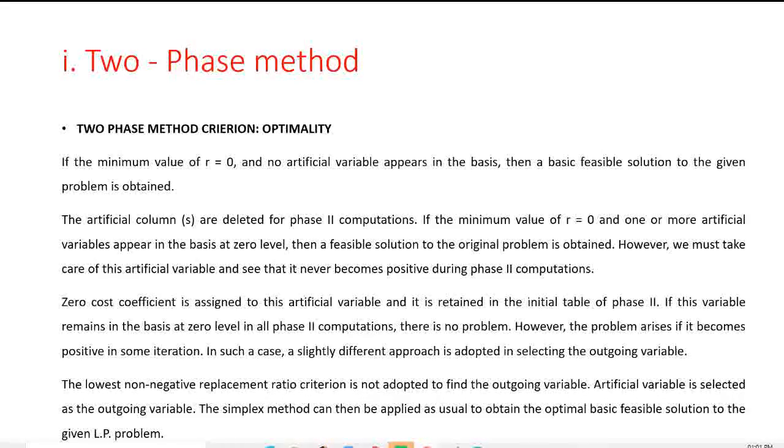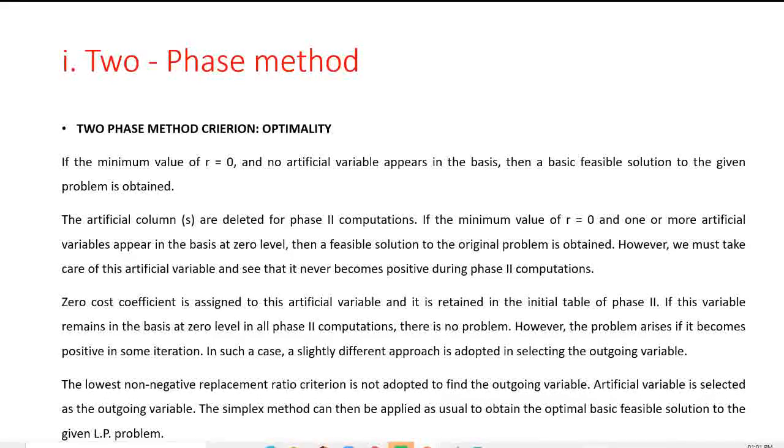We must take care of these artificial variables and see that they never become positive during the phase 2 computation. So a zero cost coefficient is assigned to these artificial variables, and they are retained in the initial table of phase 2. If the variable remains in the basis at 0 level in all the phase 2 computations, there is no problem.